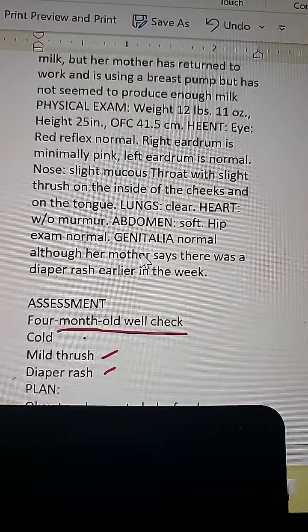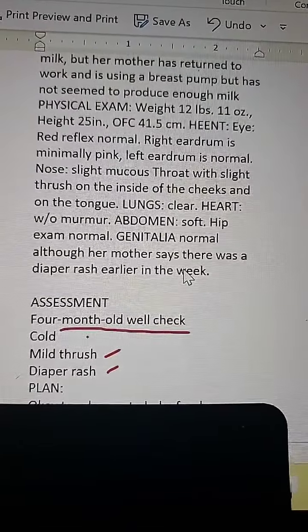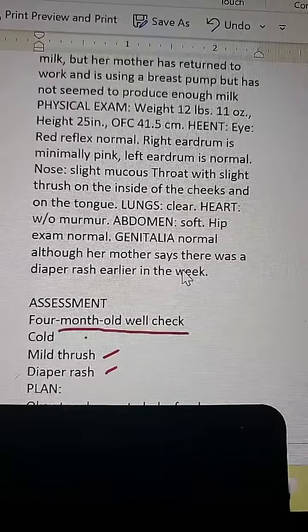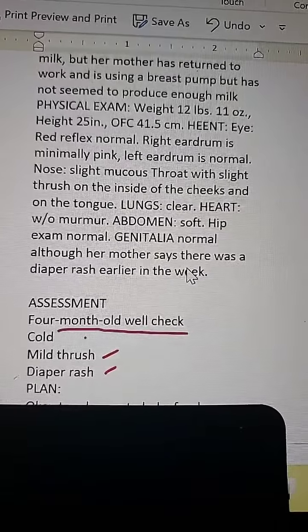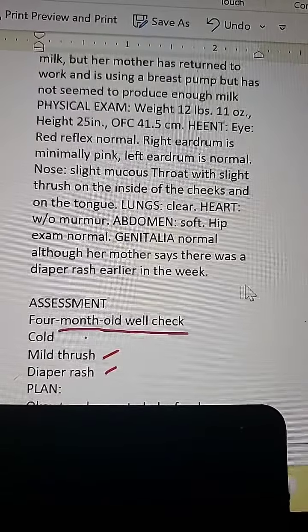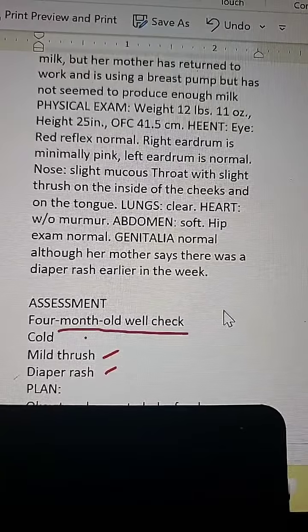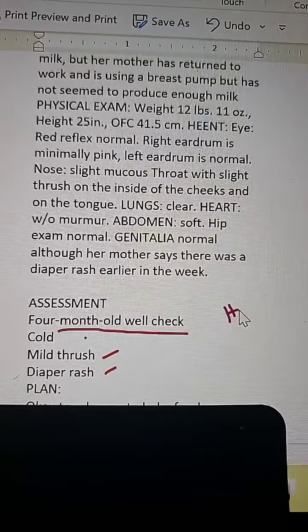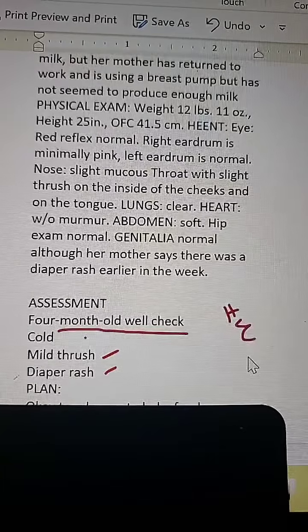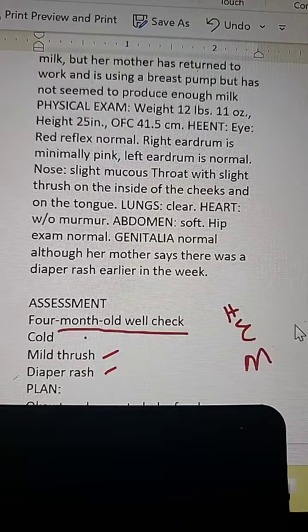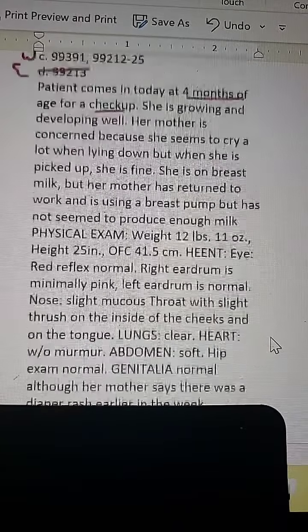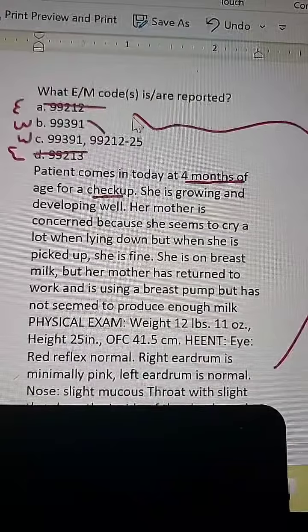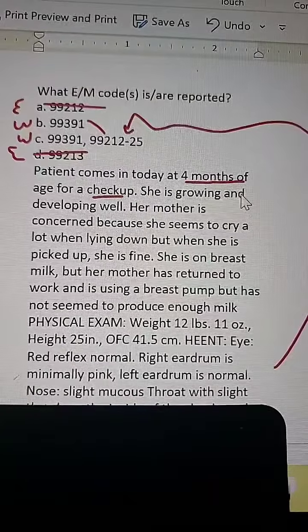If there is issues, and something needs to be evaluated, if the doctor does a full history of the issue, an exam of the issue, and makes a medical decision of that issue, then you can bill for another office visit at the same time.